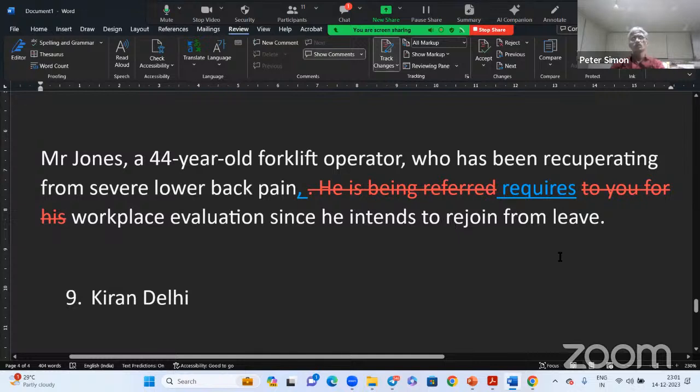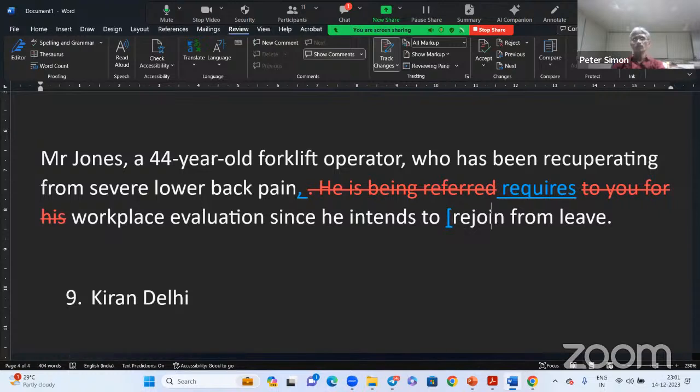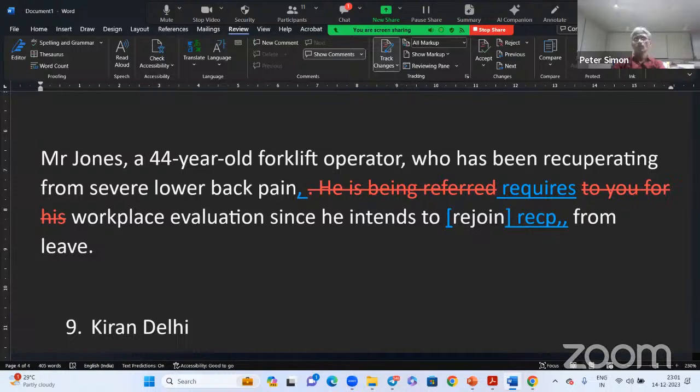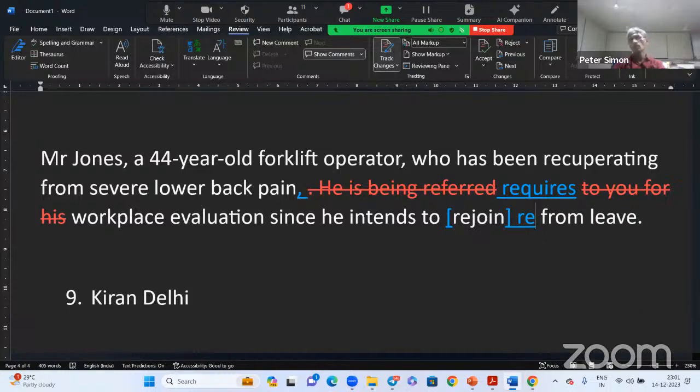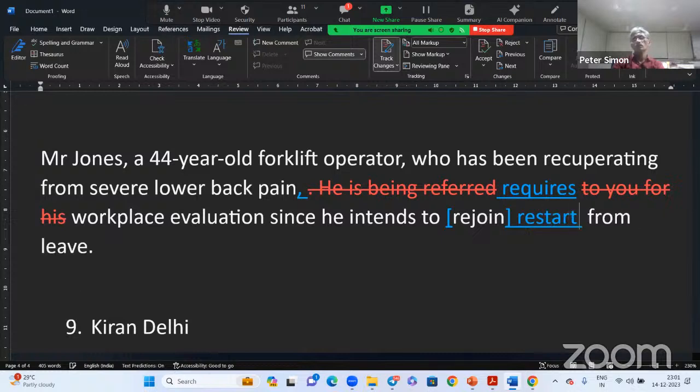Already you have written rejoin, no? So I'm giving another word. Recommends. Resume work. Restart work. After leave.